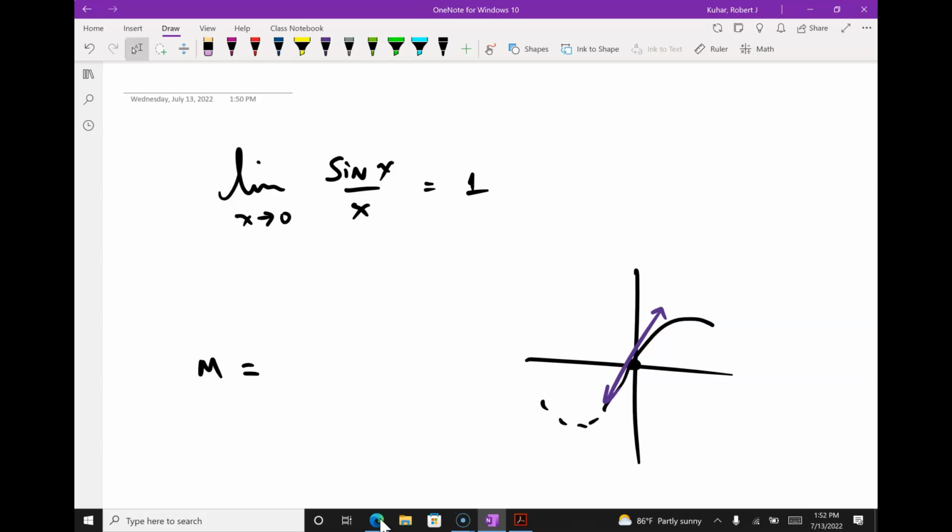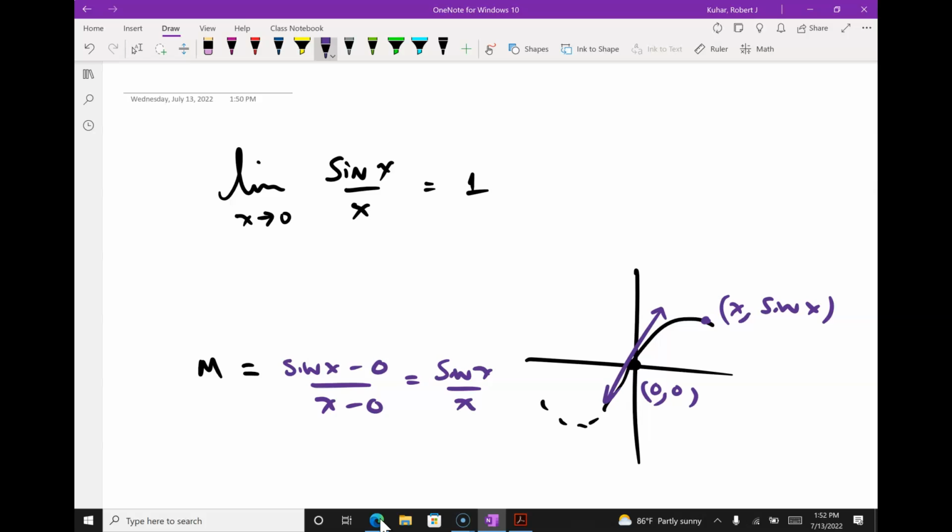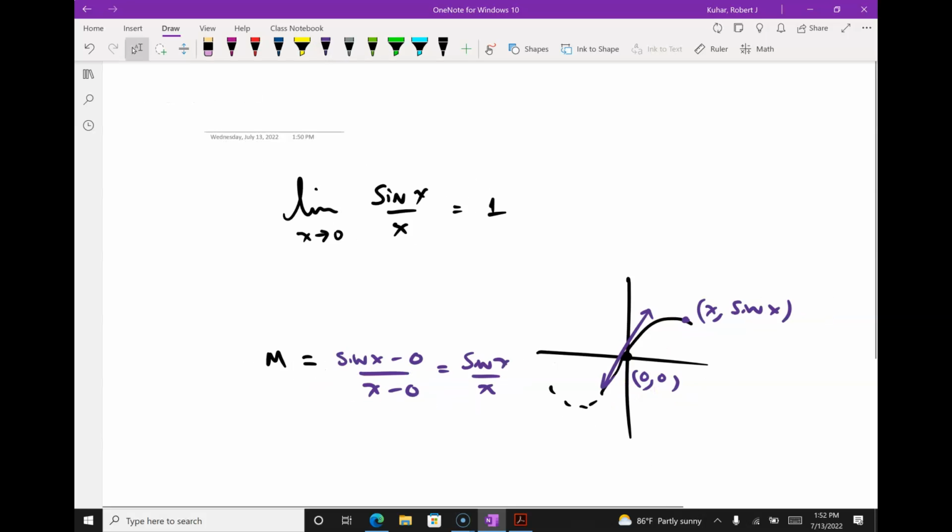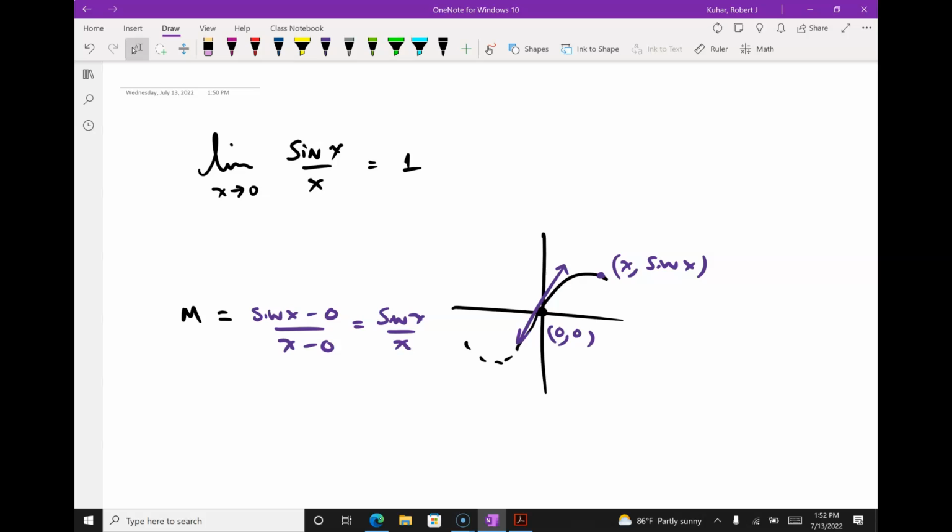I can think of the point (0, 0) and the arbitrary point (x, sine of x), and I can get a slope there of sine of x minus 0 over x minus 0, which becomes sine of x over x. So there's really a slope here. But I want to use a squeeze to show that this thing is true.